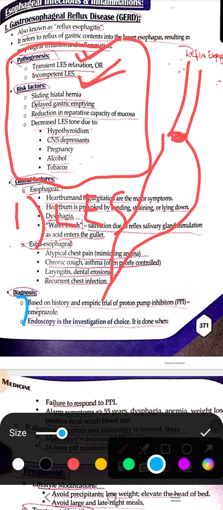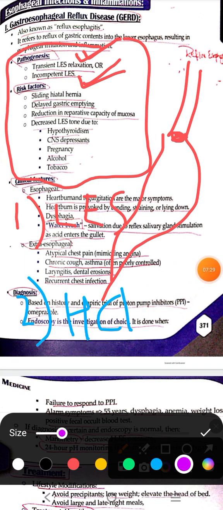Number two factor is increased HCl production, that is, increased gastric acid production. And number three factor here is increased intra-abdominal pressure.